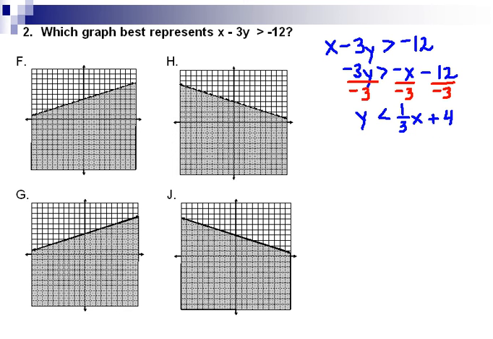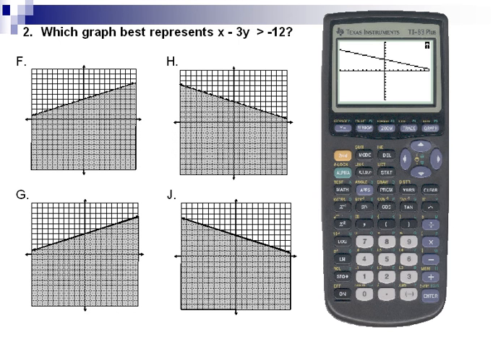Since our equation is y less than, we need to look for an answer that is shaded below the line. Since all of our answers are shaded below the line, we need to graph the line to choose which will be the best answer. So again, we want to go back to our graphing calculator.